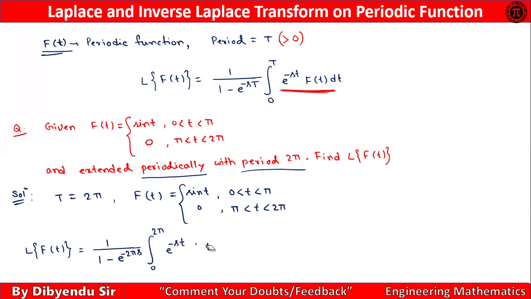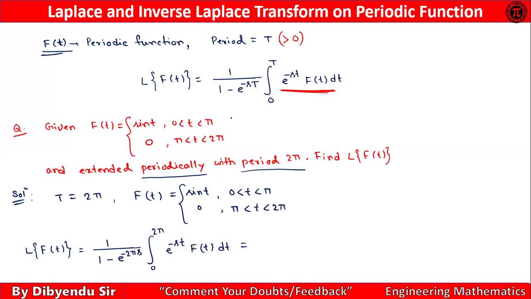Actually, not sine t, it will be f of t, because here the integration limit is 0 to 2 pi.